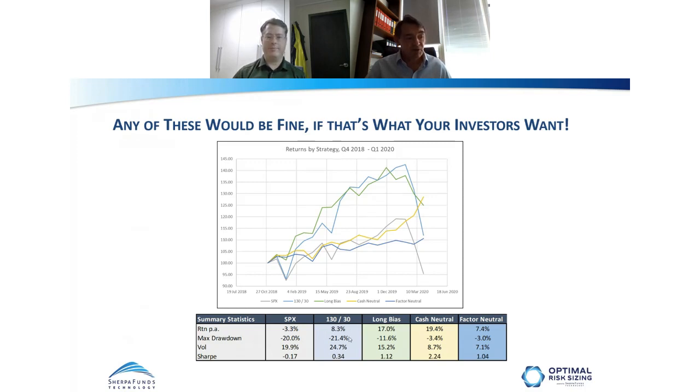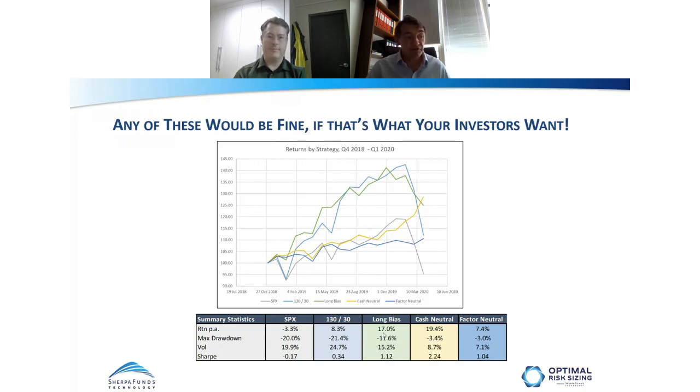Even though the 130/30 has a big drawdown, if that's what you said your investor's getting, listen, we're retaining full market exposure, but we think we've got better upside, then that's what we've achieved. The 130/30, the green one, we've retained market exposure with full upside and full downside.